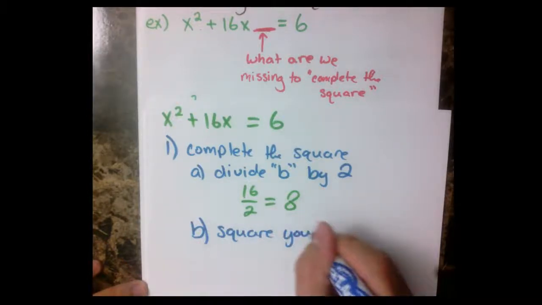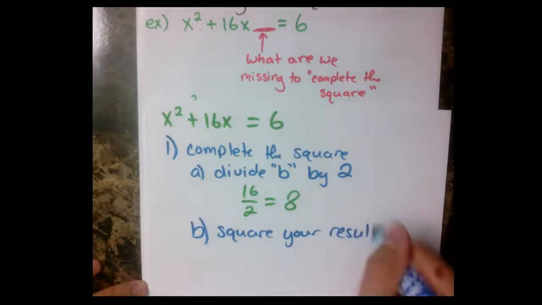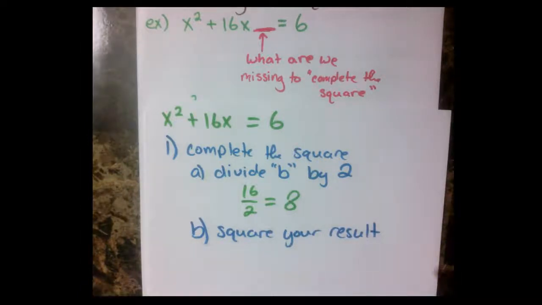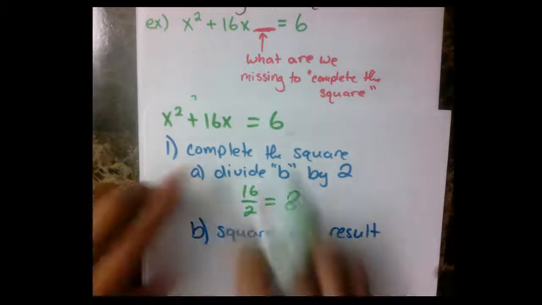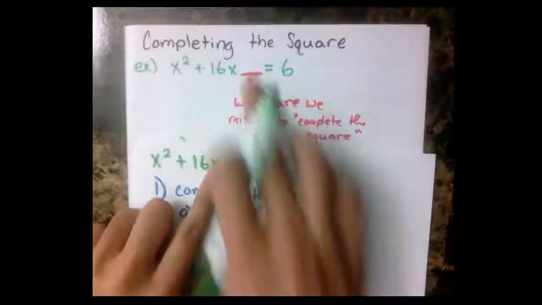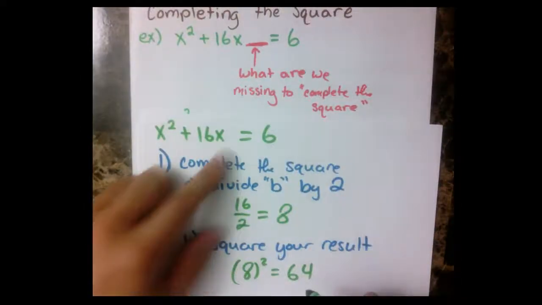Square your result. Okay, so 8 squared is 64. All good? So 8 squared is 64. Now I know that to complete my square, that big blank there, it has to be a 64. So I need to add 64 to both sides.